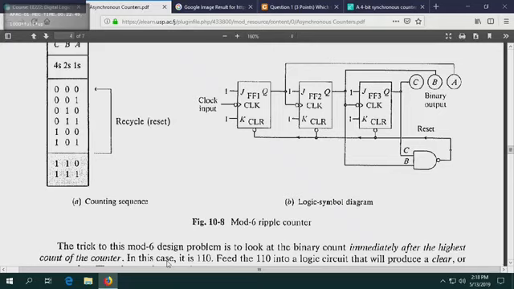So flip-flop 1 will store 1, flip-flop 2 will store 1, flip-flop 3 will store 0, right? So the moment it hits 110, it then resets the circuit. By what? By using a NAND gate.